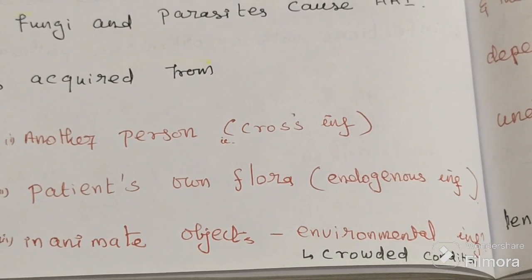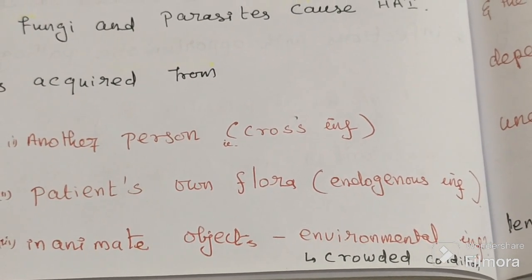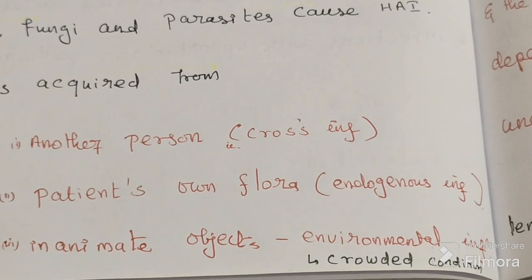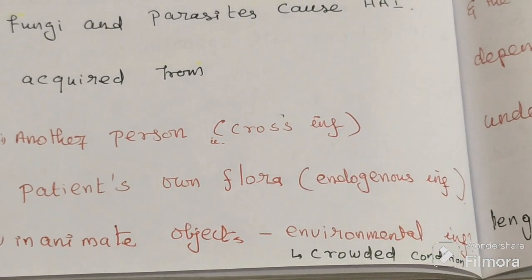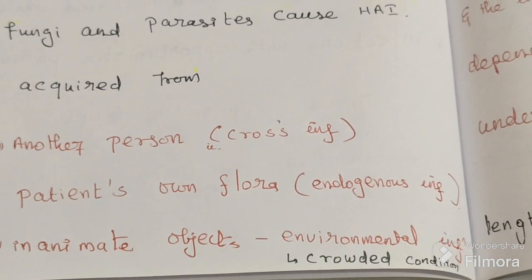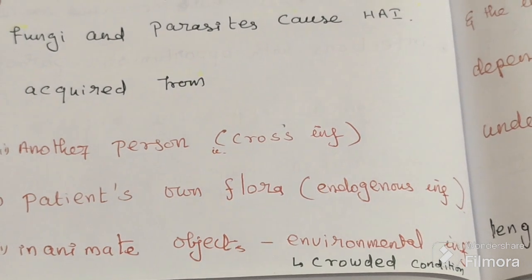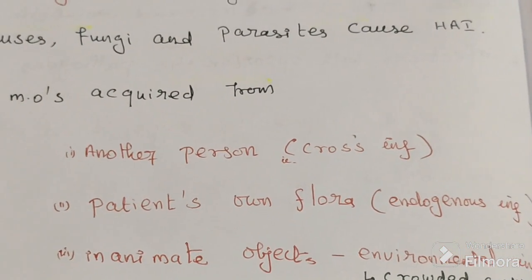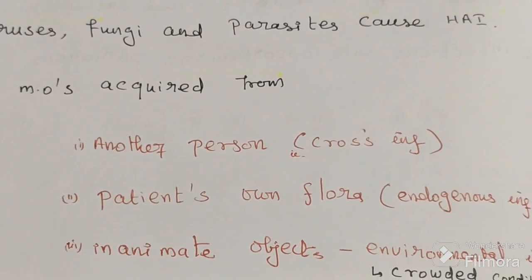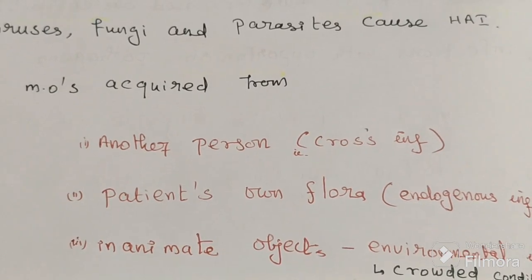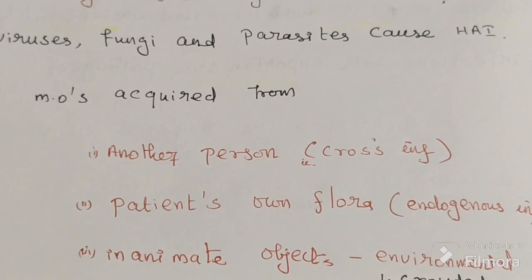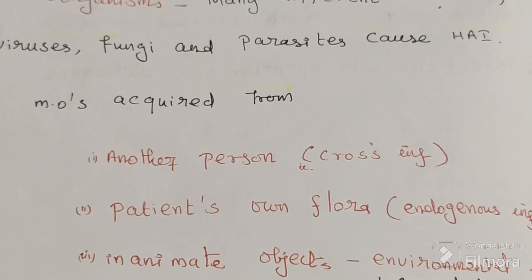Organisms causing nosocomial infection can be transmitted to the community through discharged patients, staff, and visitors. If organisms are multi-drug resistant, they may cause significant disease in the community.